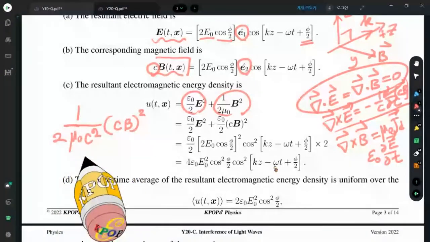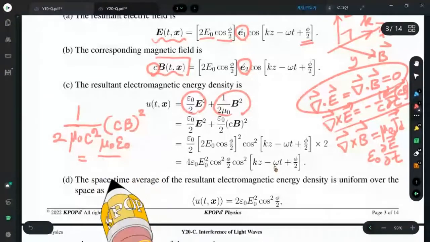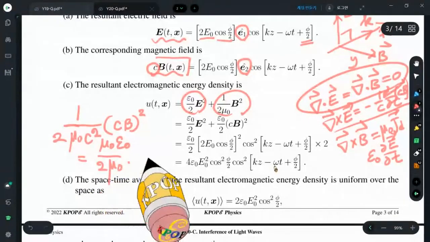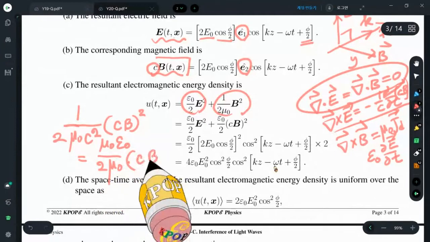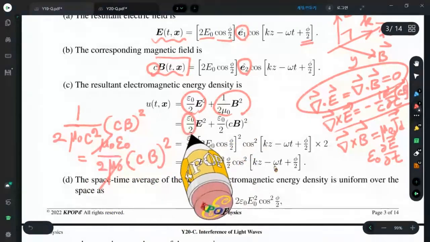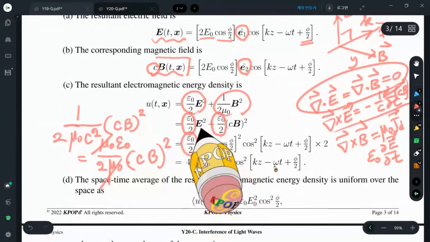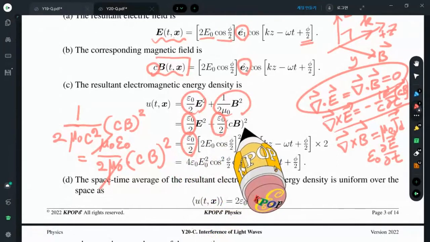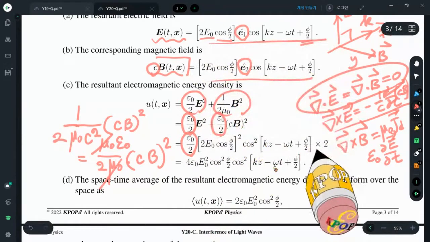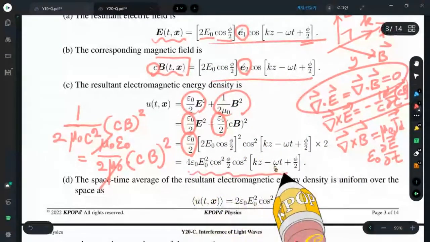And c squared is mu 0 epsilon 0 in the denominator. Mu 0 cancels. Therefore, we have the same factor. E squared plus cB squared. Square, square. Sum them all. The final result will be like that.